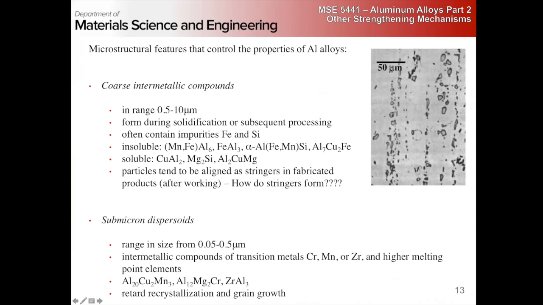Submicron dispersions are potentially going to be very good for fatigue life. They're good for strengthening because they're going to potentially retard grain growth. But if we can get them in the interior of grains, if we can grow them homogeneously, they're going to break up our slip and prevent it from being localized on a particular slip plane and forming a persistent slip band.